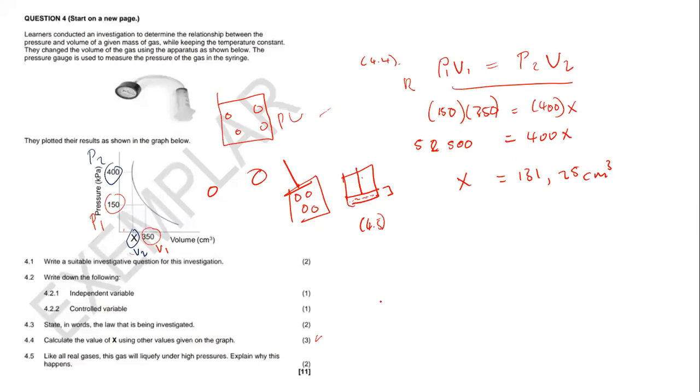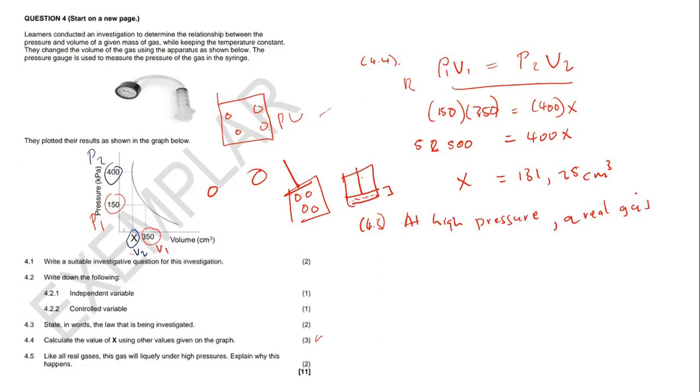Okay. So explain why liquefaction happens. You're going to explain what I have just told you, basically. It's a real gas. They have volume and they have intermolecular force. So this is how you're going to explain it. You say at high pressure, a real gas, né?